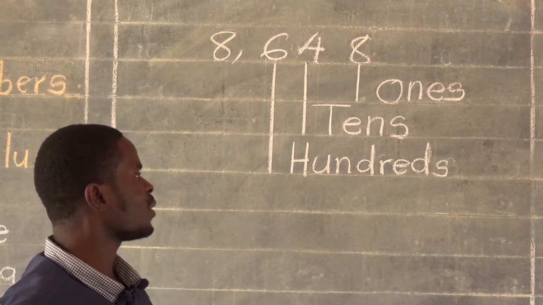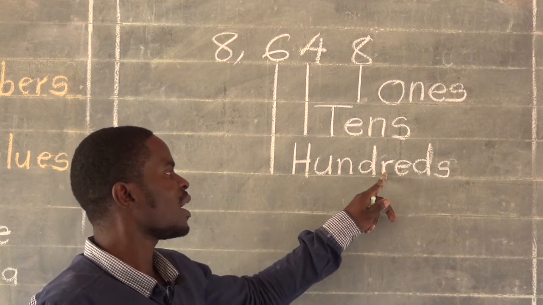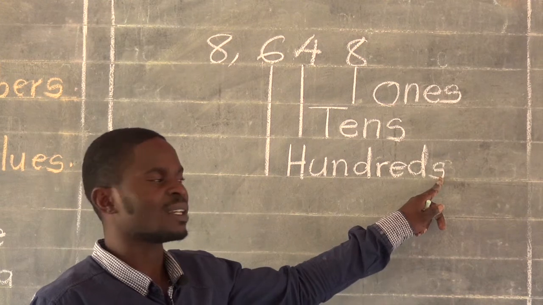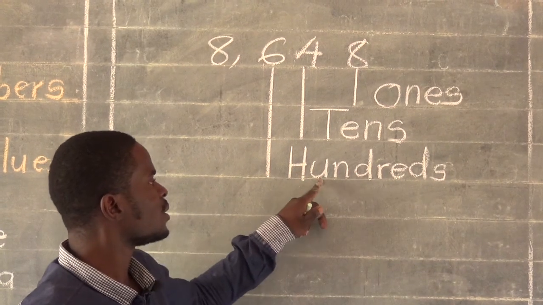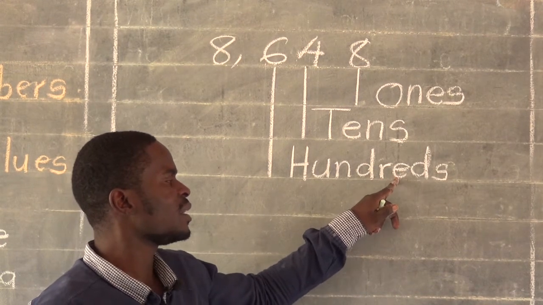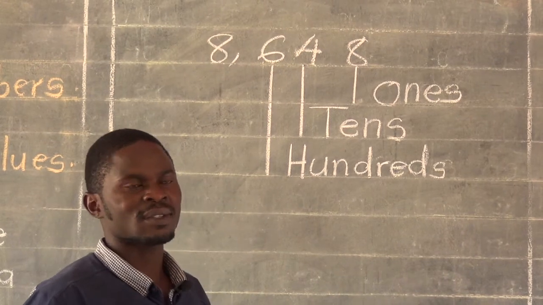Let's spell the word hundreds. H-U-N-D-R-E-D-S. Let's spell it again. H-U-N-D-R-E-D-S. The word is hundreds.